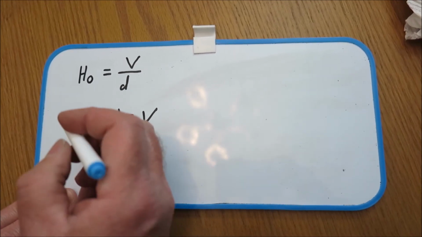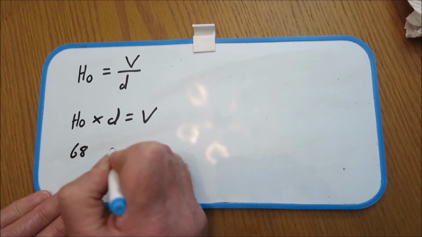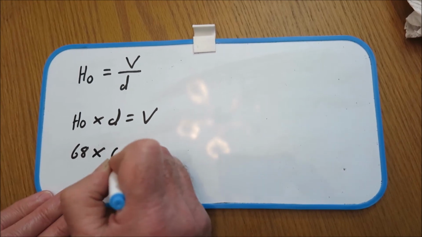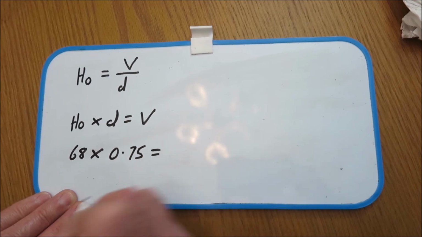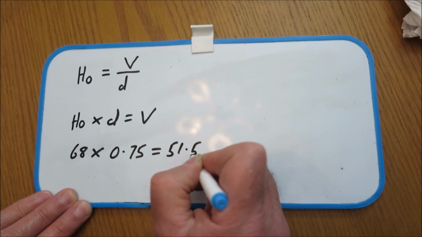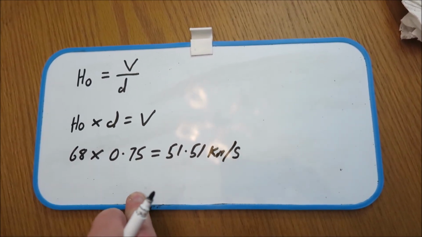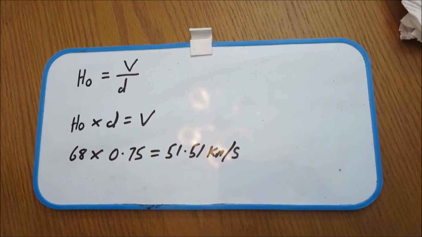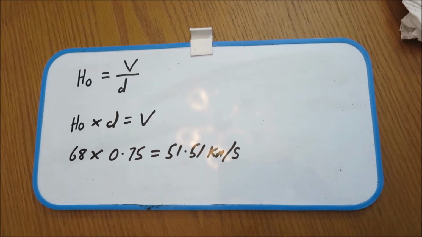So with that in mind, we can say the Hubble constant, which is 68 kilometers per second per megaparsec, times 0.75, is equal to 51 kilometers per second. So with this calculation, what it's saying is that Andromeda is moving away from us at 51 kilometers every second.